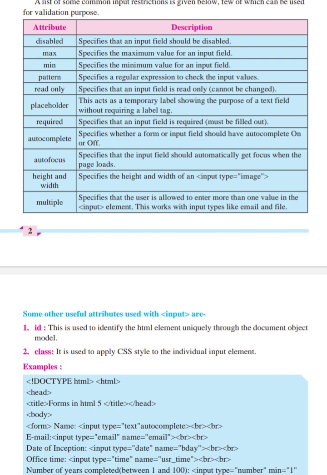Then we have the max attribute. It is used for the maximum value for an input field. We can set how much the maximum value can be in that particular box. It can be 100, 200, 300. It depends on us. Then next we have min, which is for the minimum value for input.